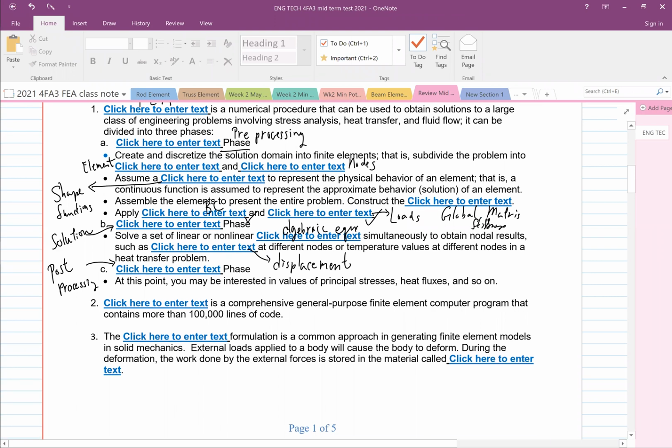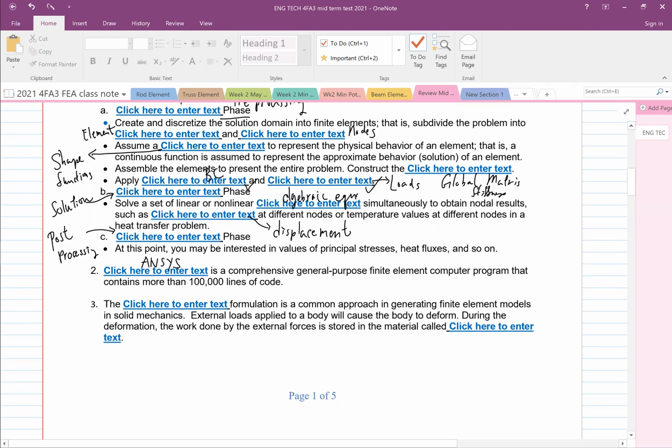What is the computer program that helps us? The mighty ANSYS. By hand, we can work at most on a 10 by 10 matrix, but ANSYS can deal with matrices as large as thousands by thousands, millions by millions. When we need to invent a new element, we use the minimum total potential energy approach.